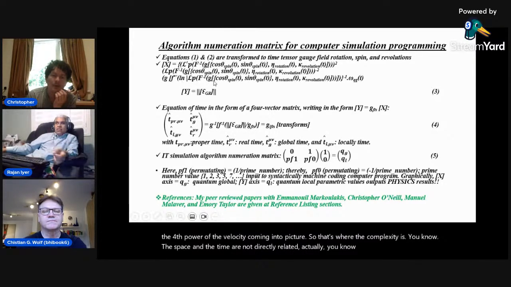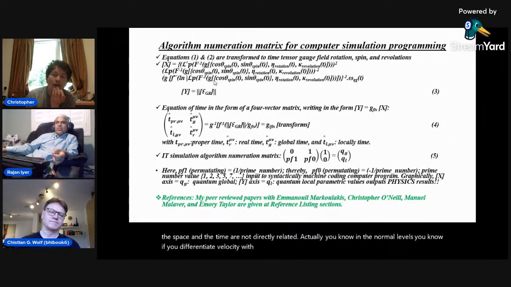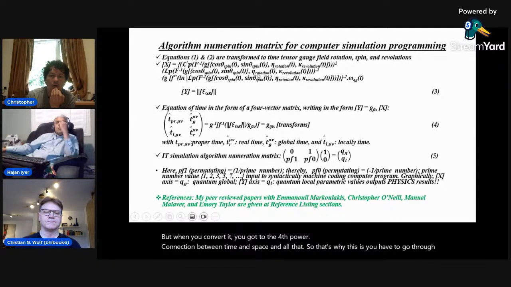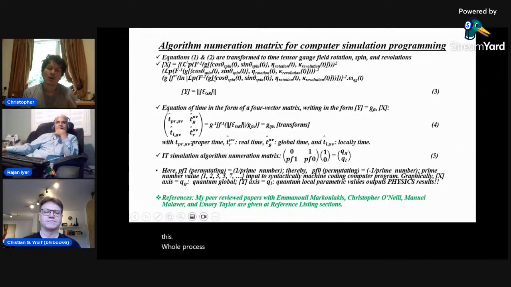In the normal levels, if you differentiate velocity with respect to time, you get acceleration. But when you convert it, you get a fourth power connection between time and space. So that's why you have to go through this whole process, and essentially it becomes an exponential function.